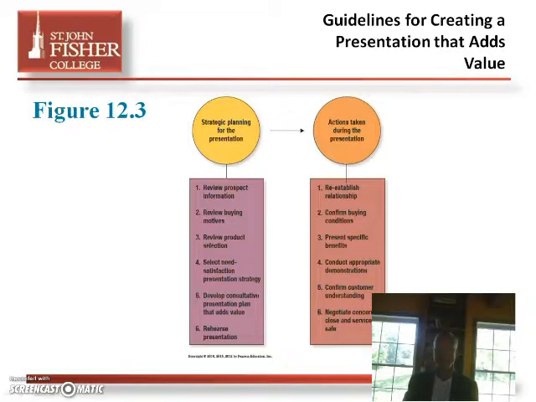Oftentimes, people get facts, figures, and data from the internet, data about the industry, data about the competitors, data about their products. Oftentimes, in the pre-sale, people will get testimonials from other customers that they can bring.